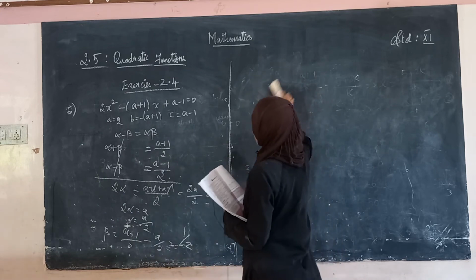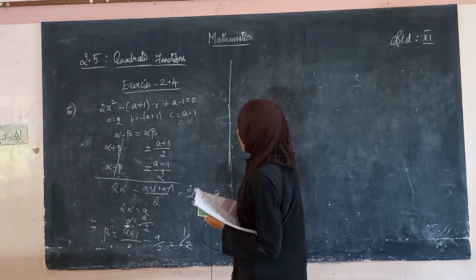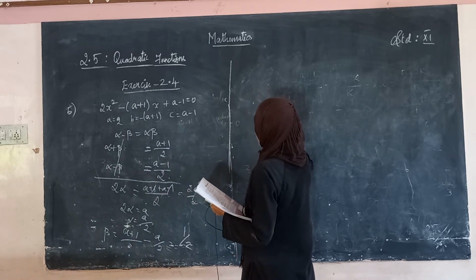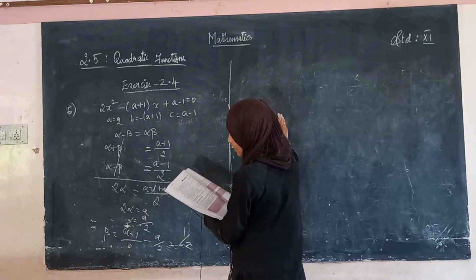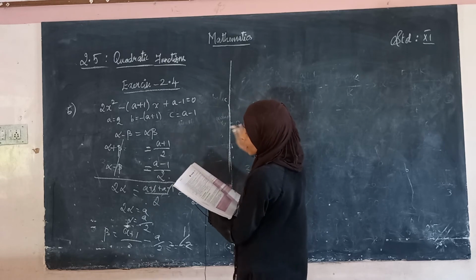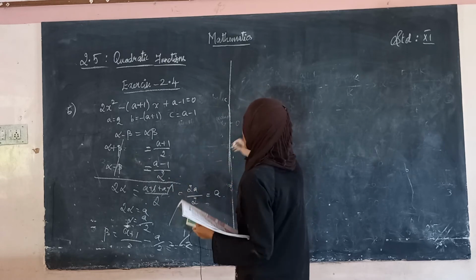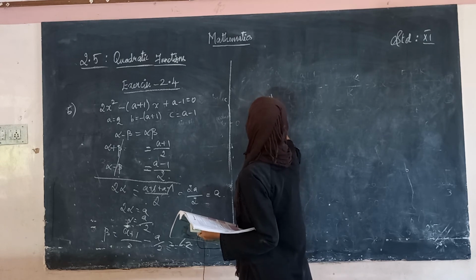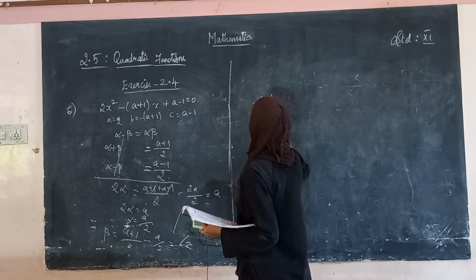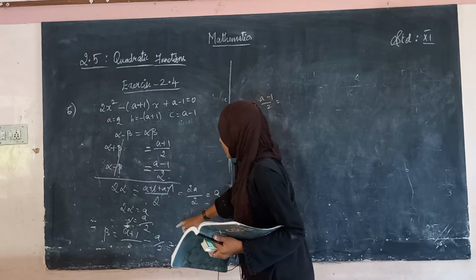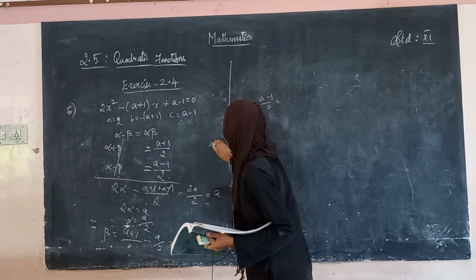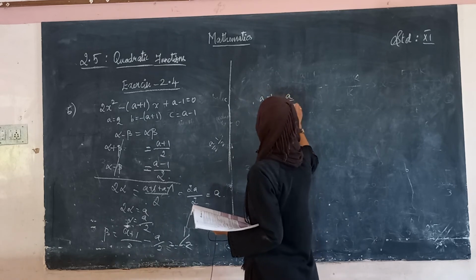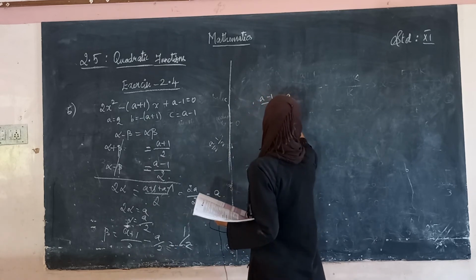Alpha minus beta, right? The difference between the roots is equal to the product, then prove that. So, alpha minus beta, what is alpha minus beta? (a − 1) divided by 2, which is equal to alpha into beta. What is alpha? Alpha is a divided by 2, beta is 1 divided by 2, so it equals a divided by 4.